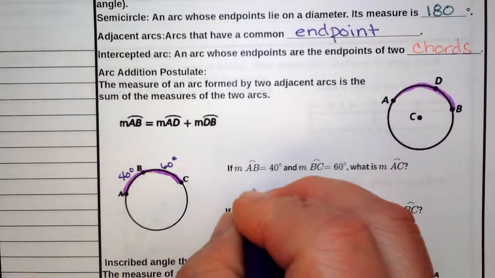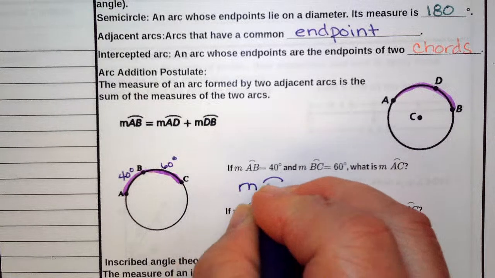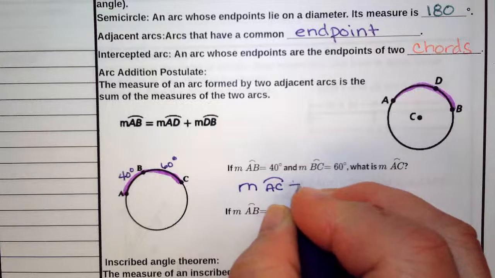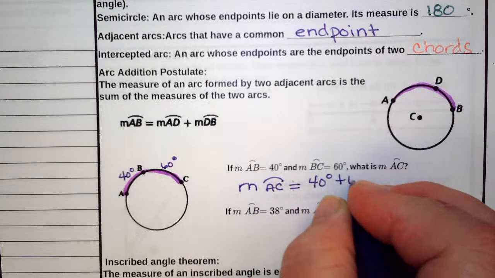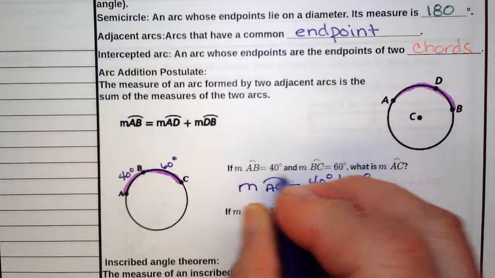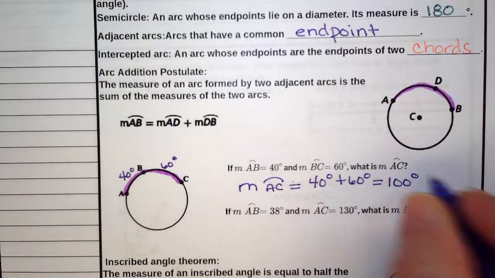So we would have the measure of arc AC is equal to 40 degrees plus 60 degrees. 40 degrees plus 60 degrees is 100 degrees.